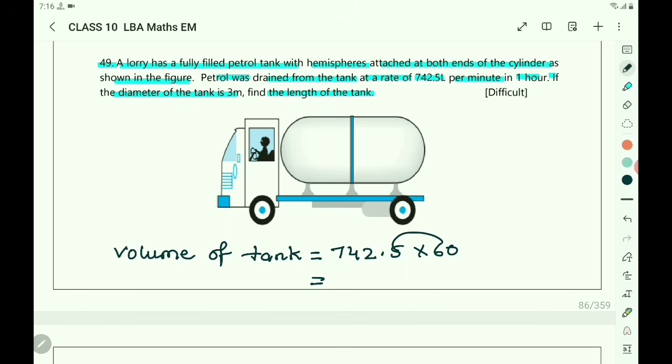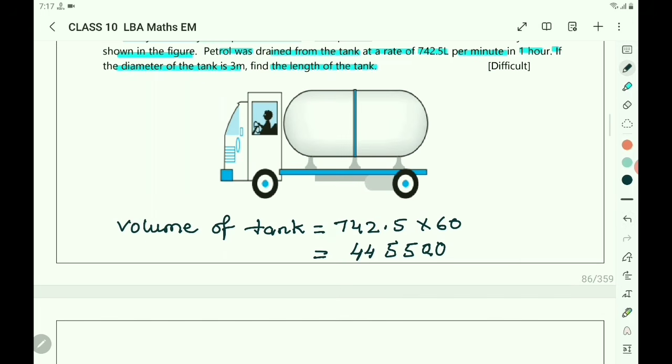Here 5 6 the 30, 3 carry. 6 2 the 12 plus 3, 15. 1 carry. 6 4 the 24 plus 1, 25. 2 carry. 6 7 the 42 plus 2, 44. And 0 is there. Write 0. Then decimal point is there.